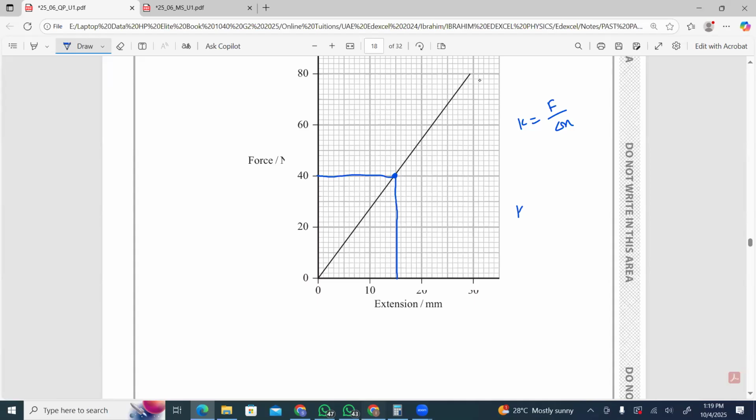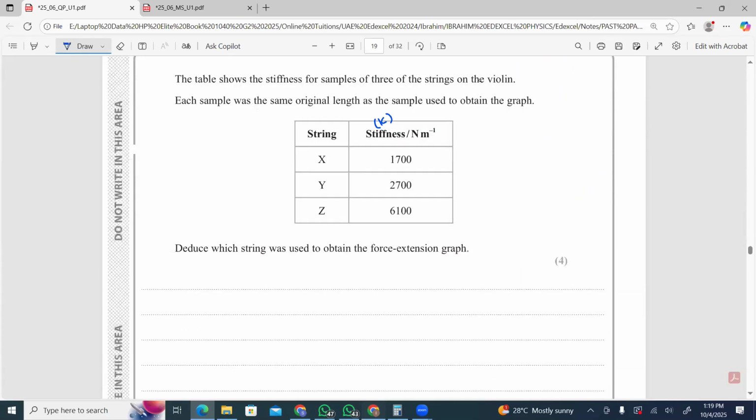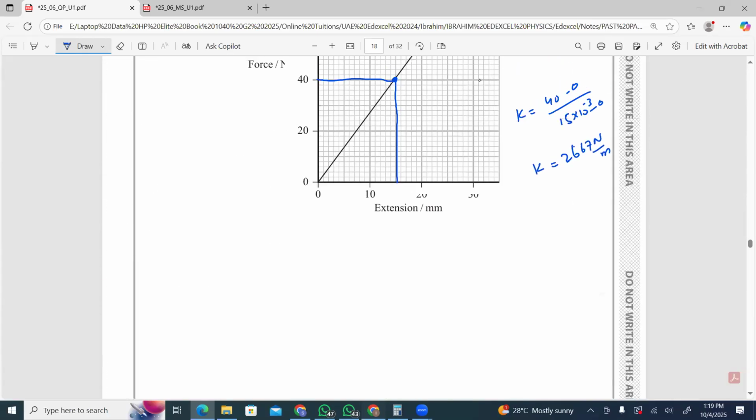So it's 40 minus 0 over 15 into 10 raised to the power minus 3 minus 0. So the spring constant K is going to be 2667 Newton per meter. So let's check. It's going to be string Y.